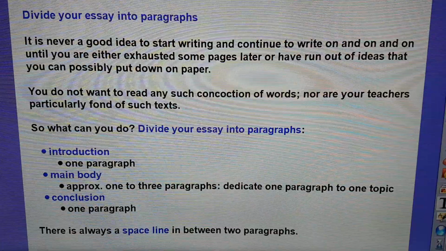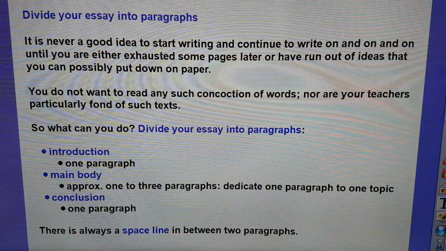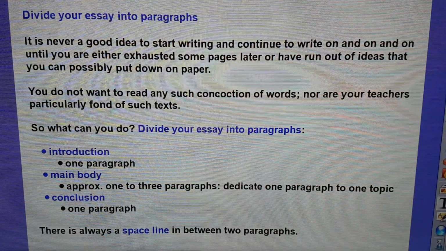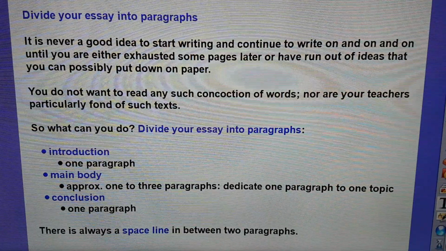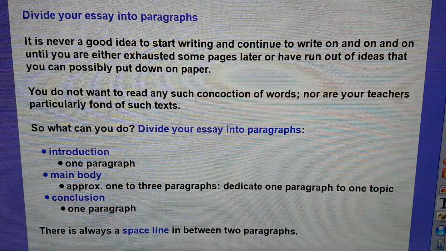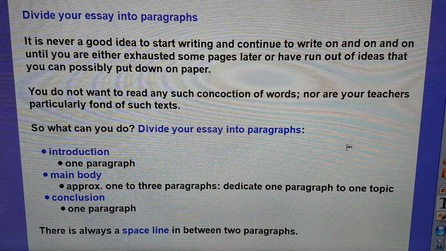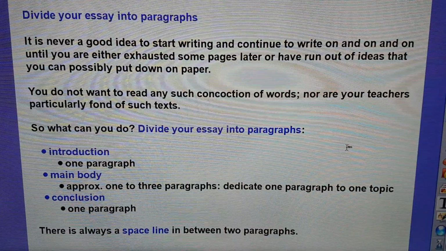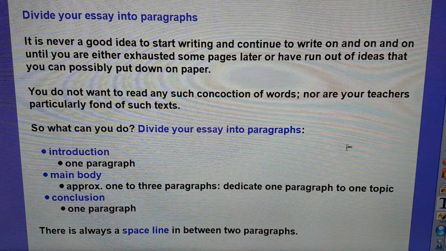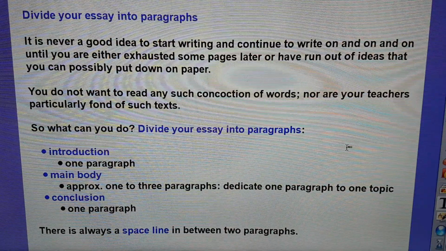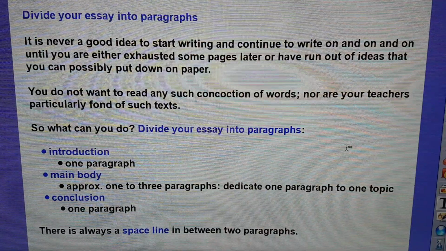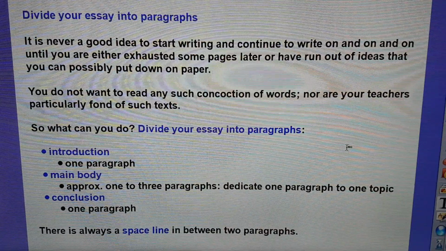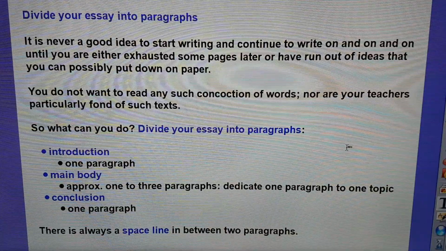For one reason, and this is the first and major reason, probably even you don't want to read any such concoction of words. A text that never stops flowing along, and there is no interruption, there is no division into paragraphs.